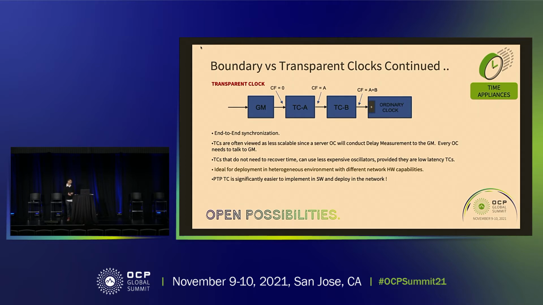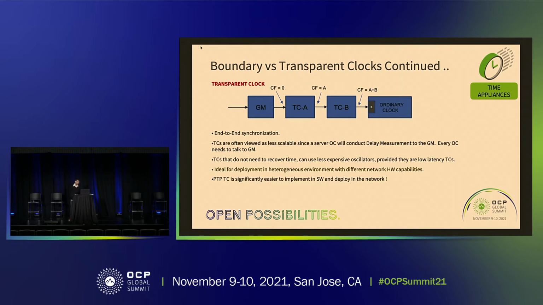In a data center, we could have hardware which has various degrees of functionality. Some can support some versions, some can support others, and this transparent clock looks like an ideal way for us to deploy within a network, even if some of the nodes in the DC do not understand or support every aspect of PTP.